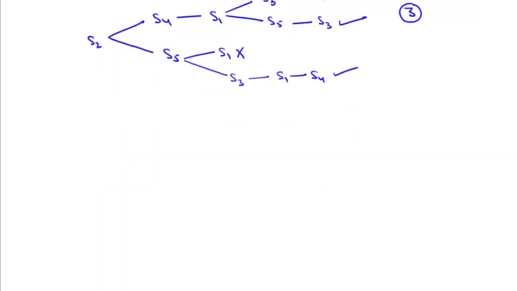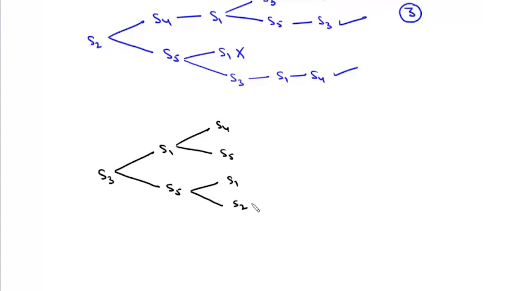Now if we look at S3, the options here are either S1 or S5. Now if it is S1, then we can take S4, S5, and if it is S5, we can take S1, S2. Now if it is S4, then the next one has to be S2 followed by S5.